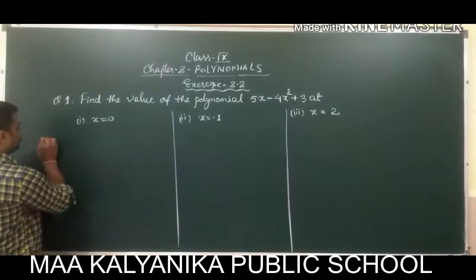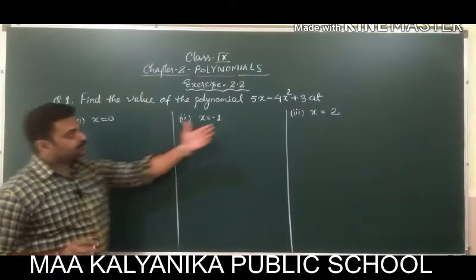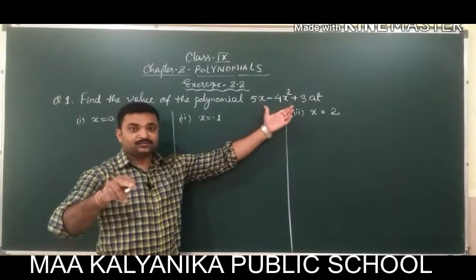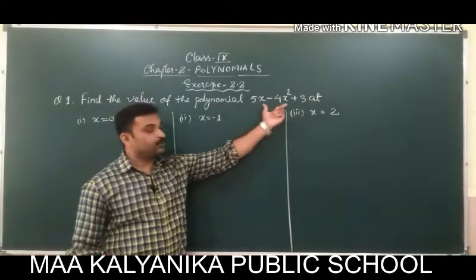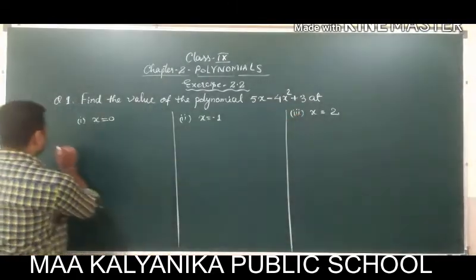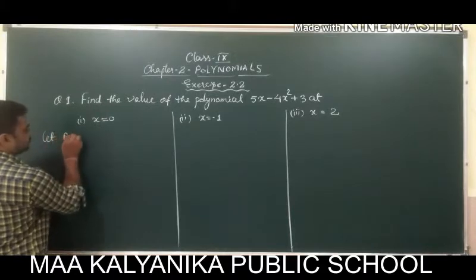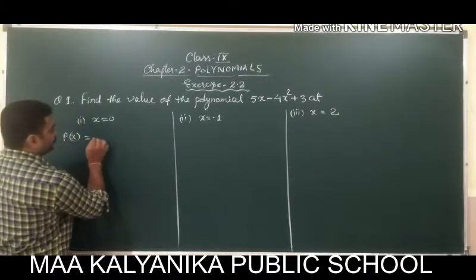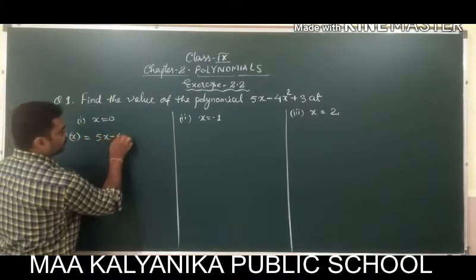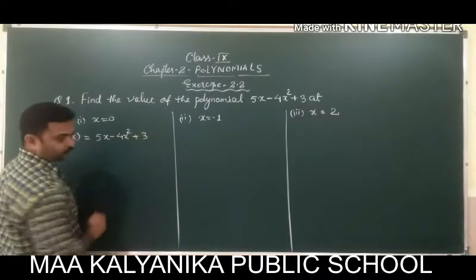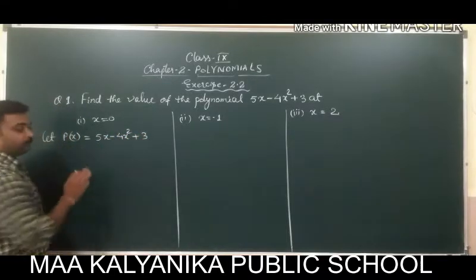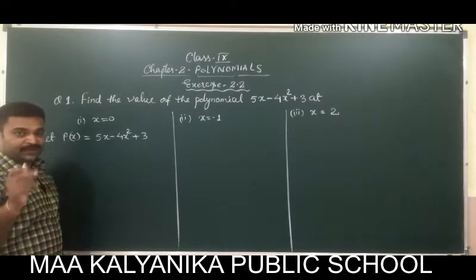So here, first of all, we have to take this polynomial as p(x), because this is the polynomial in x. So let p(x) is equal to 5x minus 4x square plus 3. Now we put 0 in place of x.